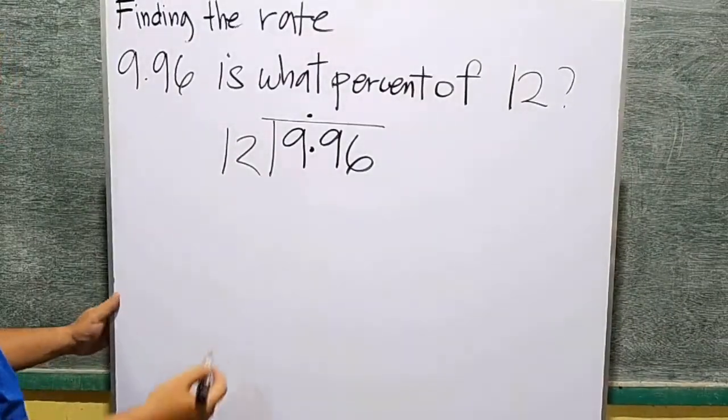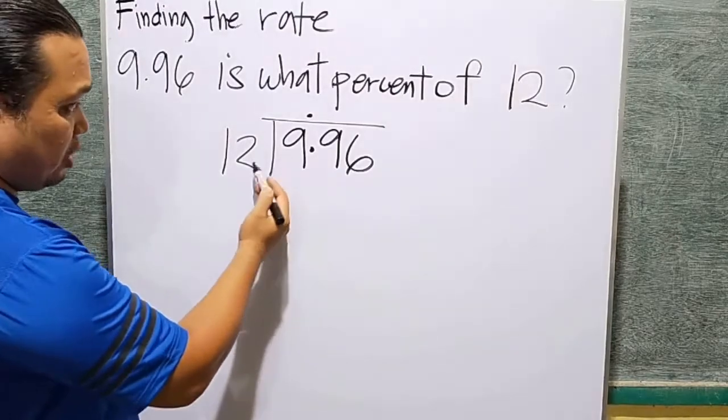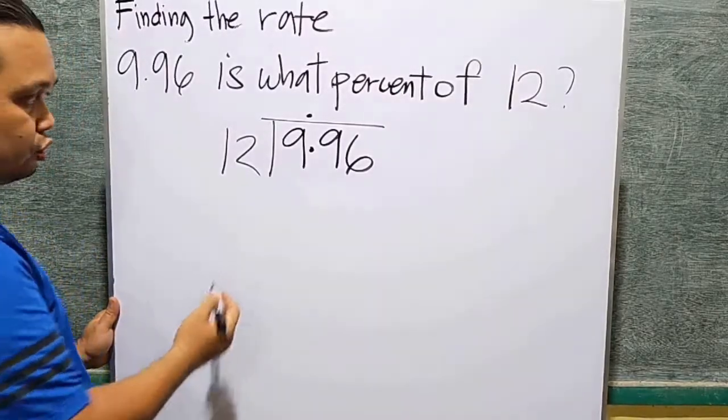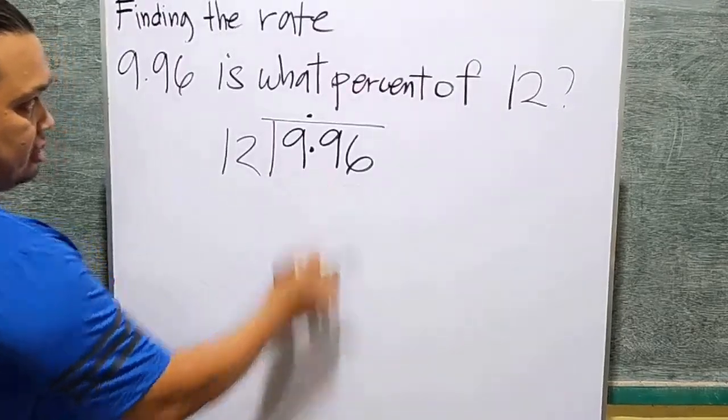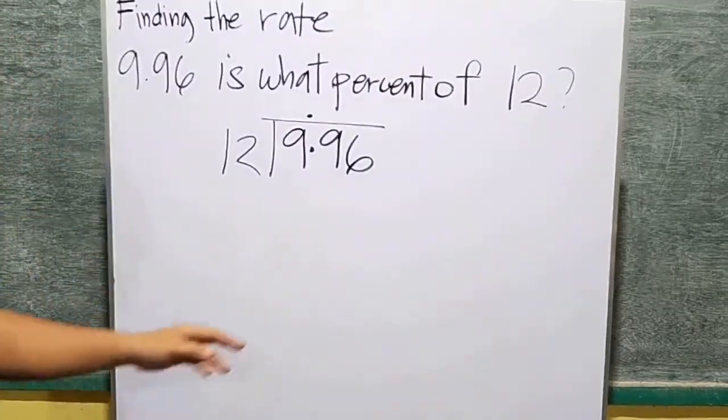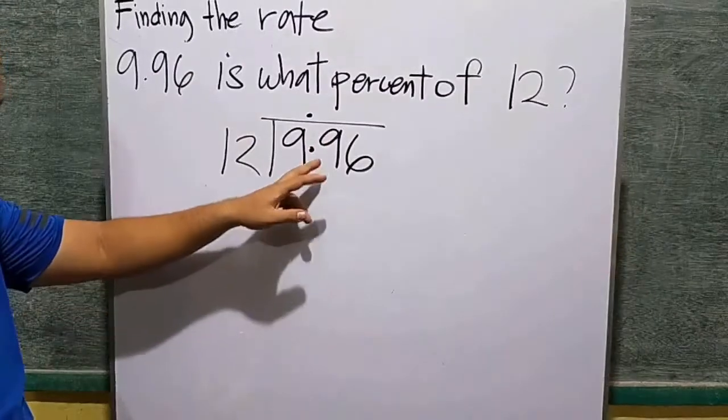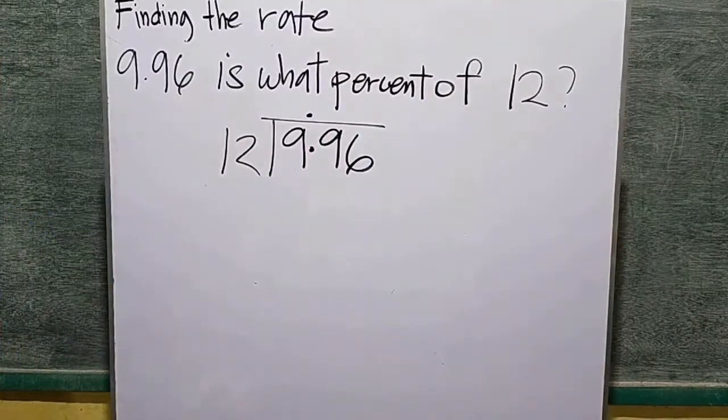Let's start. 9 divided by 12 cannot be, because 12 is greater than 9. Let's add another digit, that will be 99, and our answer will be on top, aligned to the 9 below here. So we have 99. Let's try 8.